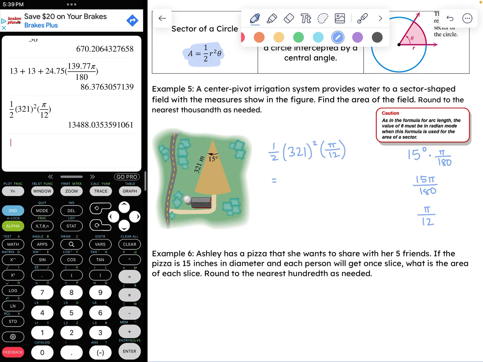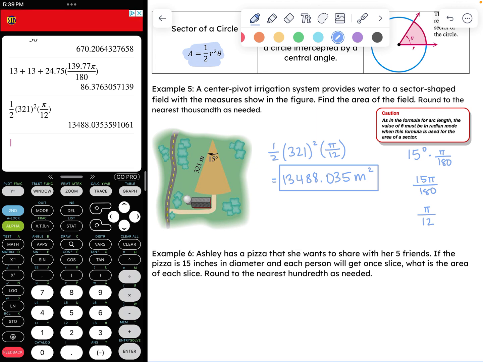Rounding to the nearest thousandth is 13,488.035. And this time we are talking about an area, so it is going to be meters squared for my unit on the end, or square meters, however you would like to say that. 13,488.035 square meters.